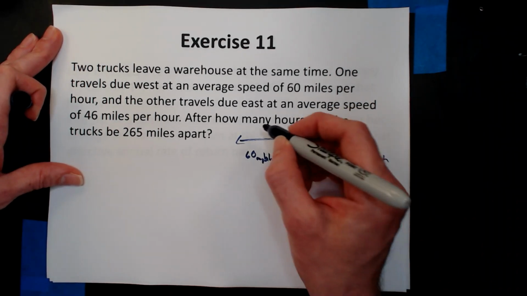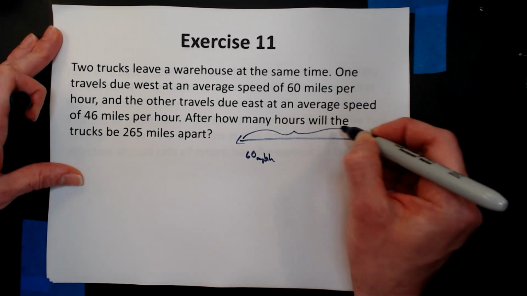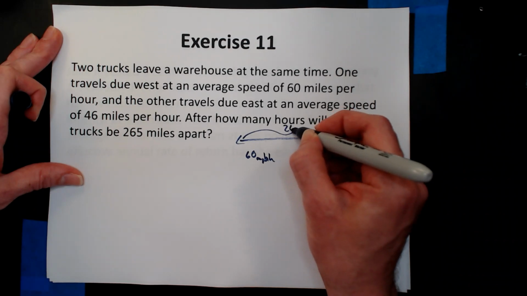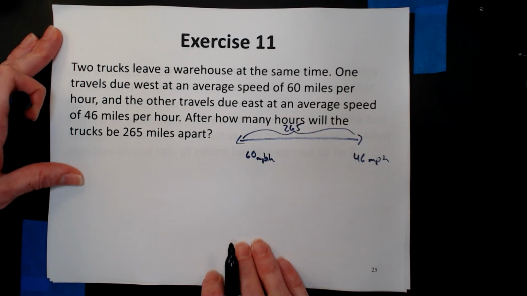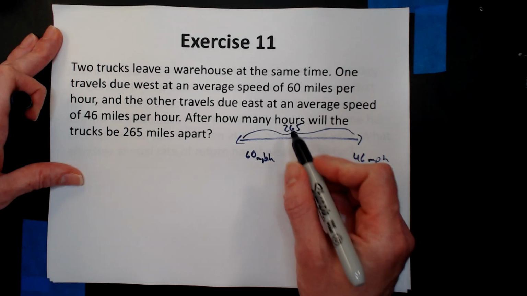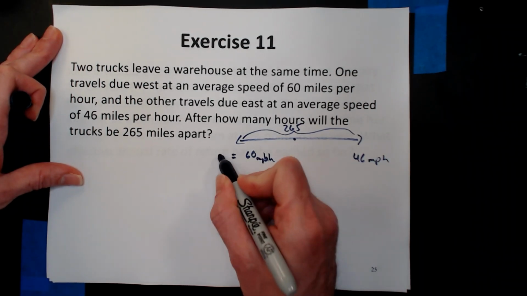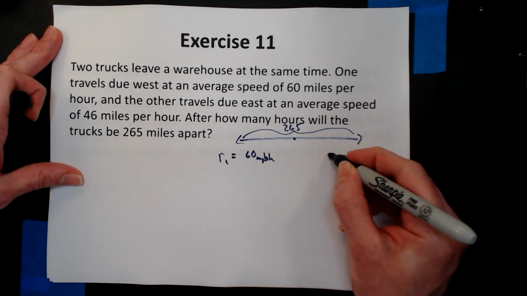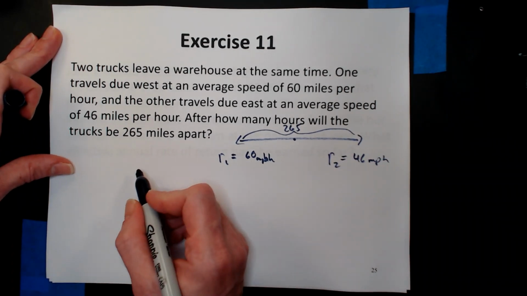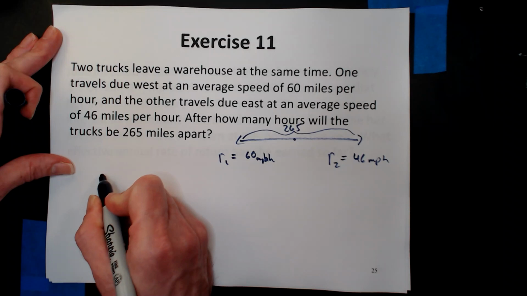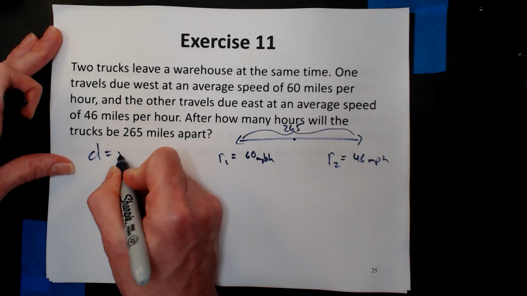Then how long will it take them to get 265 miles apart? Here we're basically adding the rates together for some time t. This is rate r sub 1, and this is rate r sub 2. And I want to know when the distance d equals rt.